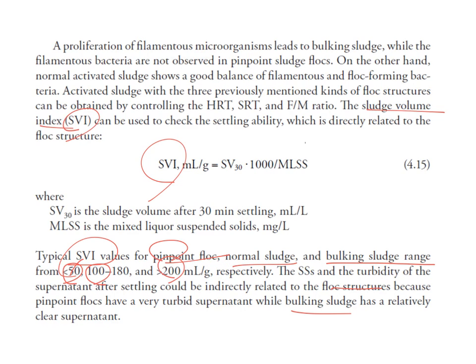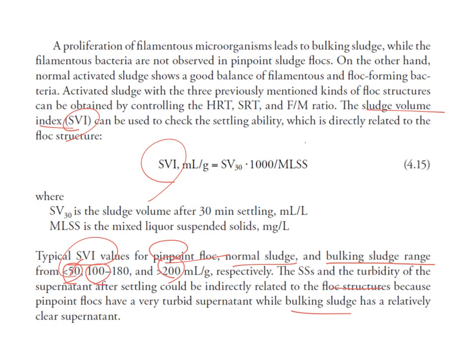In the case of pinpoint flock, even if the flocks are completely settled, the quality of the supernatant is poor. The supernatant is the water on top of the sludge after settling the solid part. In pinpoint flock, this supernatant still contains a lot of microbial cells, so we cannot get a very clear supernatant.